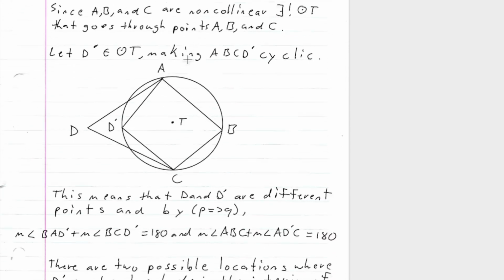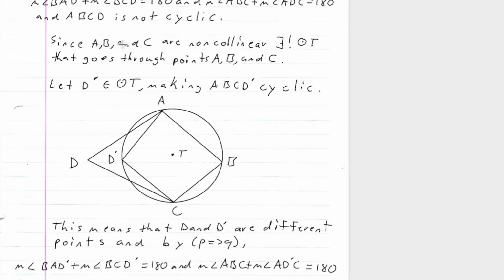Now, since A, B, and C are non-collinear, there exists a unique circle T that goes through points A, B, and C. Notice I have this circle, and it goes through points A, B, and C. There are infinitely many points on any circle, so we're going to let D prime be an element on circle T, making ABCD prime cyclic.